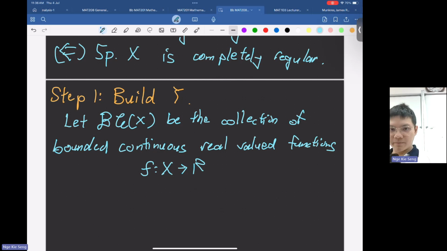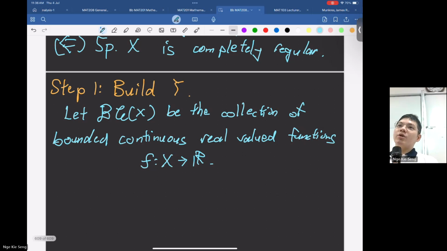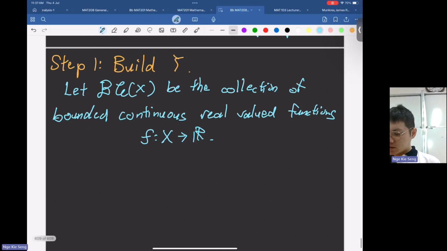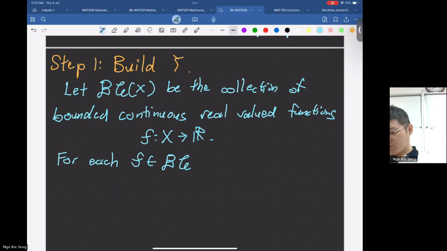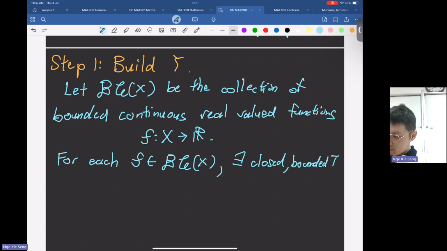From x to y. Okay. Right. So what can we do here? Okay. So what we can do here is, for each f in this space here, there exists a closed bounded interval I_f such that f(x) is living in I_f.